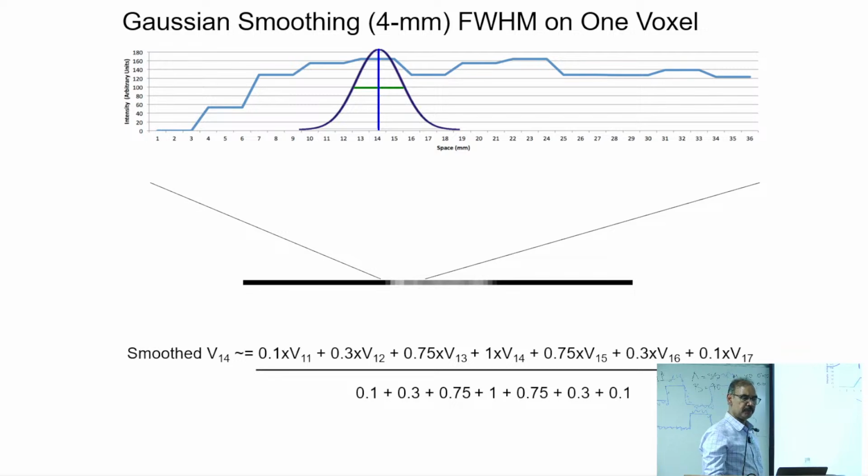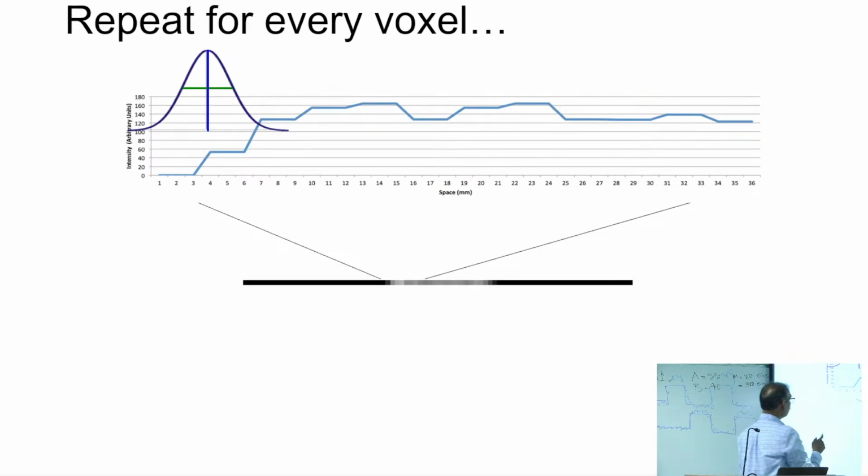And then we do this, we start from the beginning, and then we will compute the new value for the fourth one, then shift it by 1, recompute the value for the fifth one, sixth one, and so on.